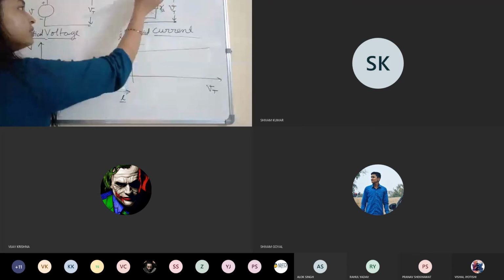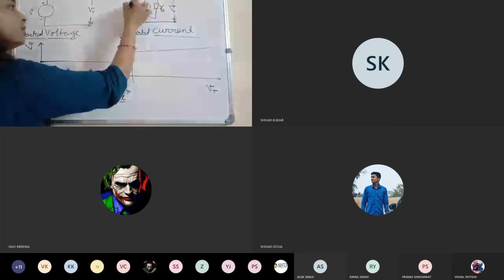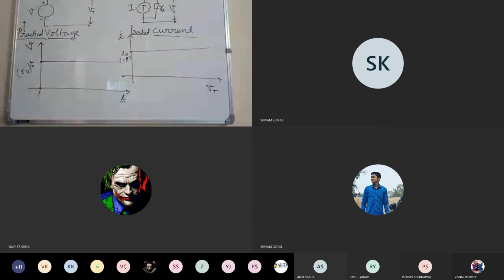SH represents shunt. So this is the practical voltage source: the voltage source along with the series resistance Rin or Rs is considered a practical voltage source. Fine. And this is the terminal voltage.